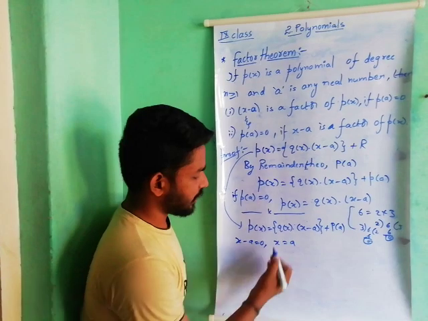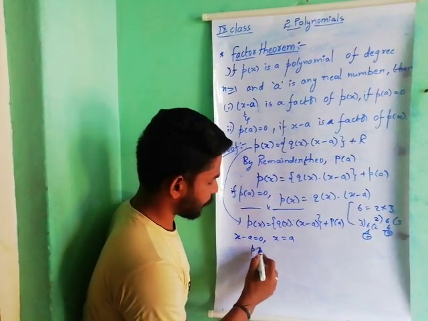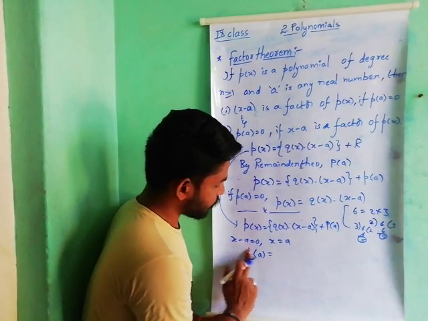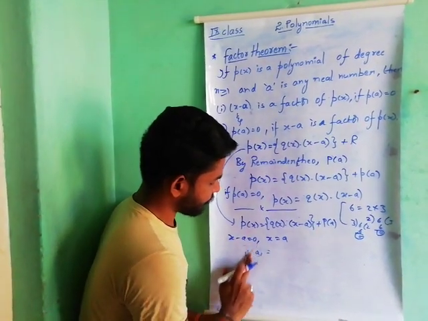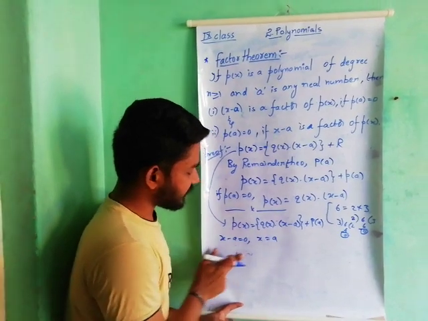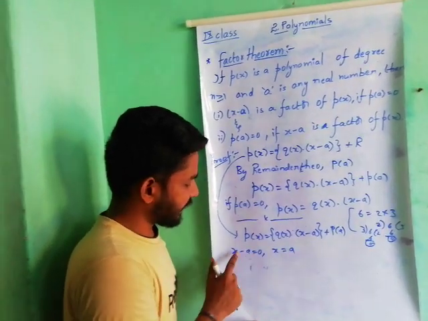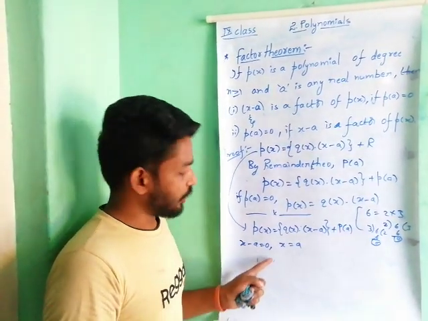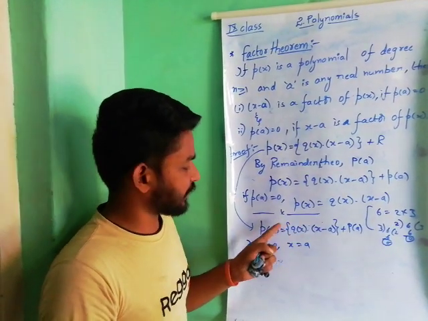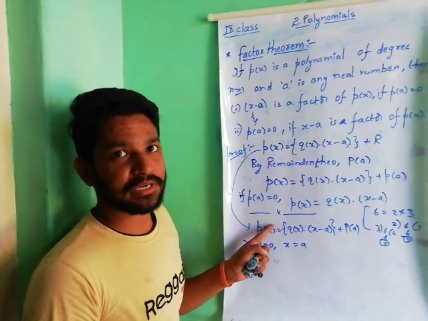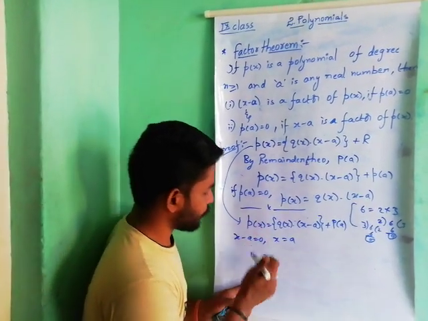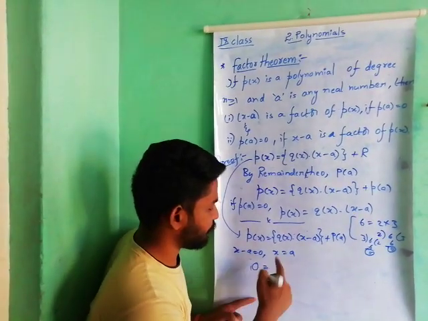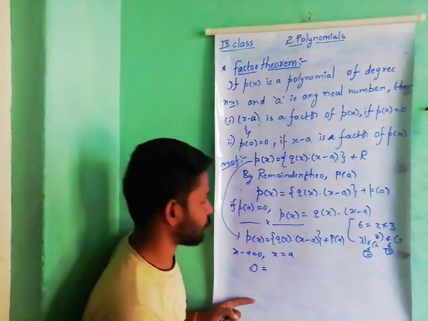If we substitute this x value in the given polynomial, the total value becomes 0.